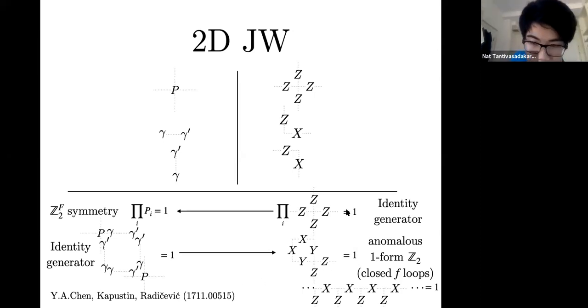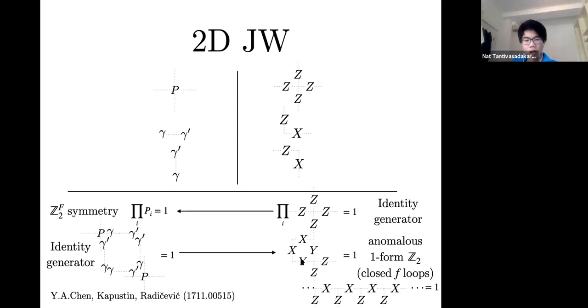Similarly, there are some symmetry constraints that are enforced. So the product of all these vertex terms is 1, and this maps to a global fermion parity on this side. On the other hand, there is a funny product of hopping operators and fermion parity, the product to 1 around a plaquette. And this enforces a funny gauge theory over here.